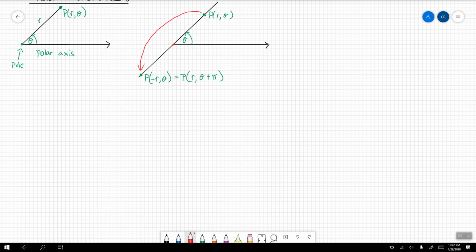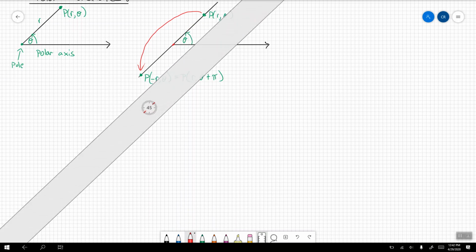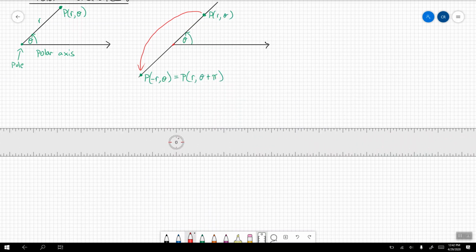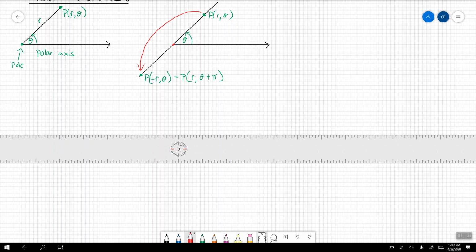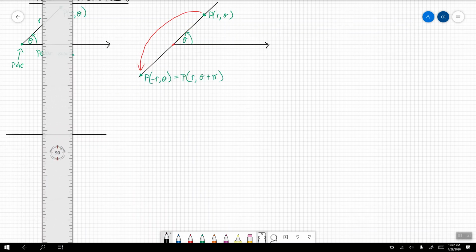Now, let's get into a little bit more details and a little bit more specification. So what I'm going to do here is I'm going to get a grid started. That way we can start illustrating what polar coordinates do when we look at the Cartesian coordinate system.